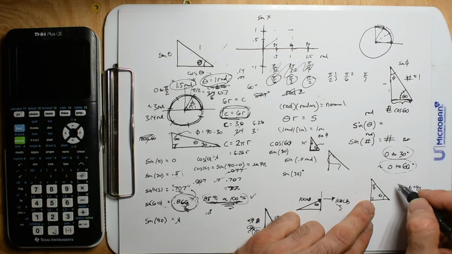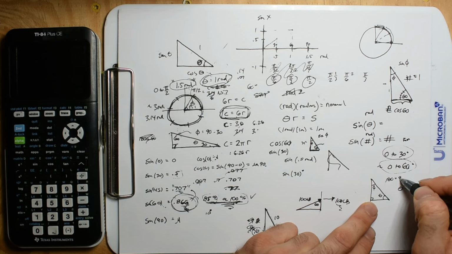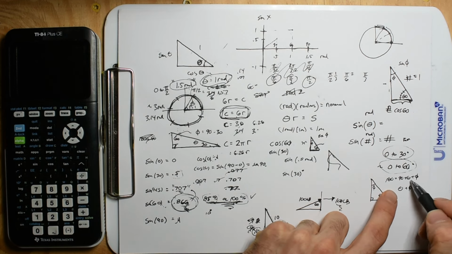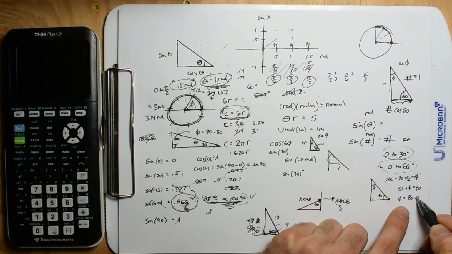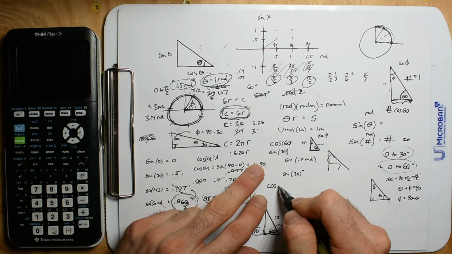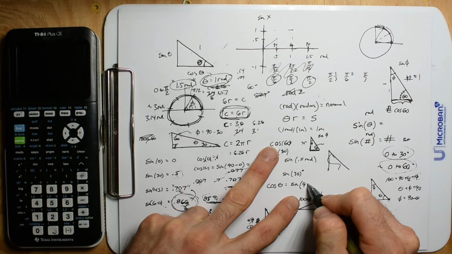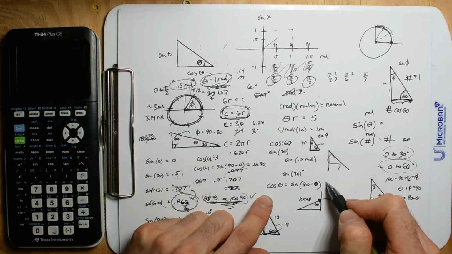Even going back to the 8th grade method of 180 being the triangle, that's going to be 90 plus theta plus phi, and then I know theta, so solve for phi. So that's what we're doing. We're saying phi is 90 minus theta. So you don't need to memorize that cosine theta is going to be sine of 90 minus theta. This equation is one of those where it's like, don't memorize it.